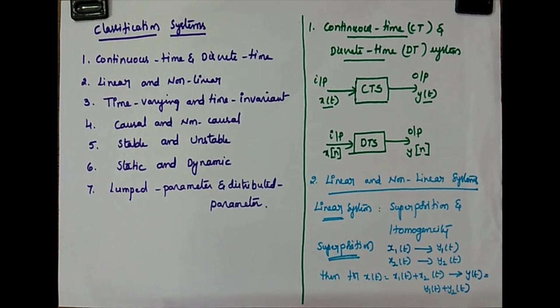Okay, so superposition property: if a system produces y1 of t for the input x1 of t and y2 of t for input x2 of t, then for the same system if you apply x of t which is x1 of t plus x2 of t, if the system also produces the output which is equal to the sum of outputs, then the system is satisfying superposition principle.